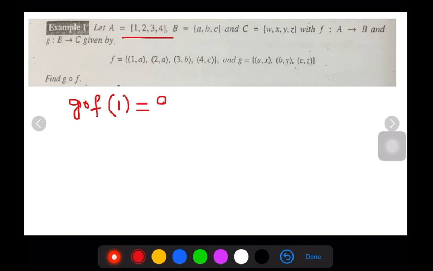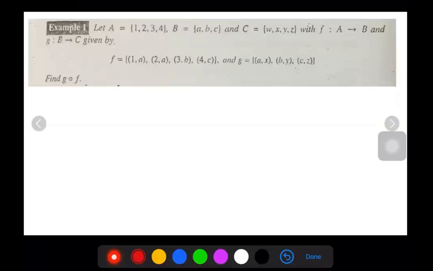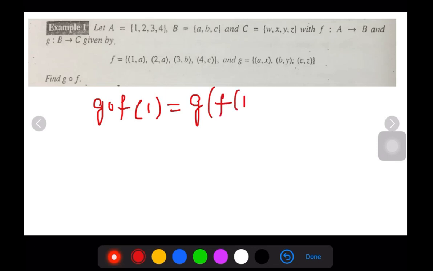According to the definition of composition, G of F of 1 I have to write. G composition F of 1 is equal to G of F of 1 as per the definition.